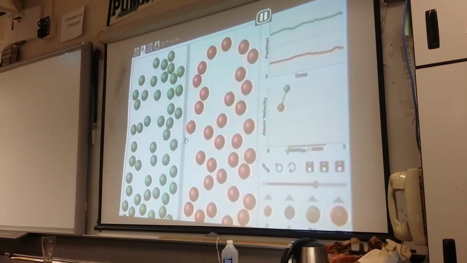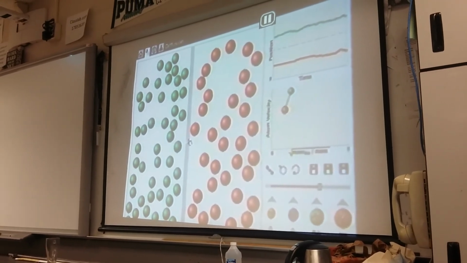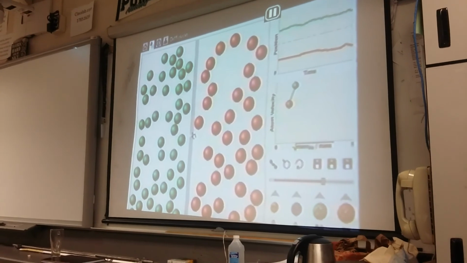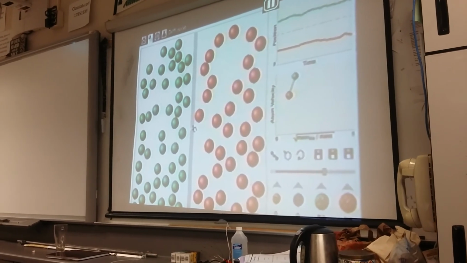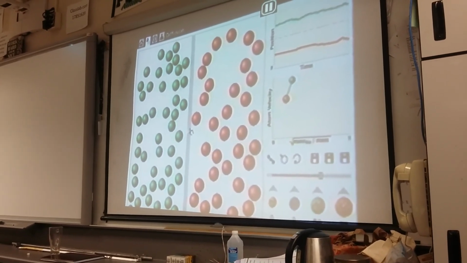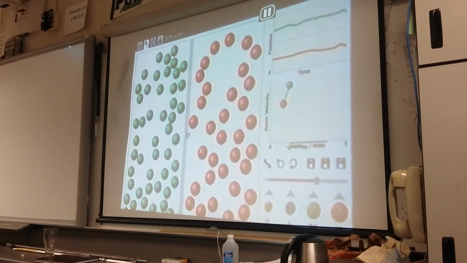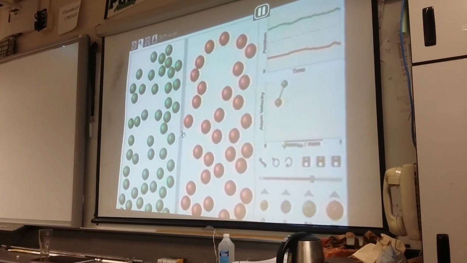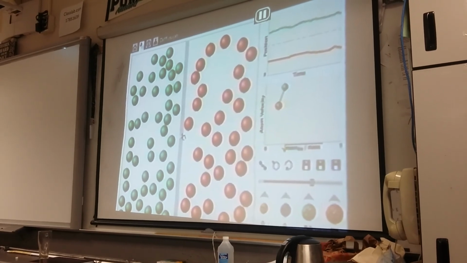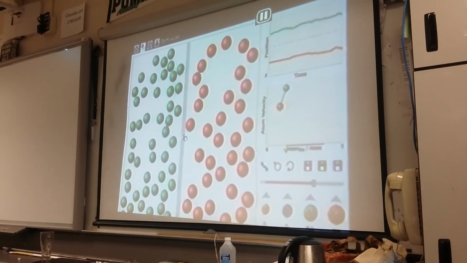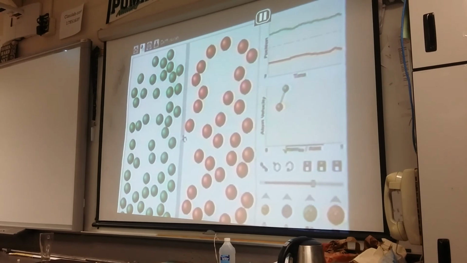If you put two things together and they can flow, they will flow from where they're more to where they're less. So I'm going to predict that the red molecules are going to go from the right side to the left side of the screen while I let them bounce around. Not because they're smart, but because of random bouncing.